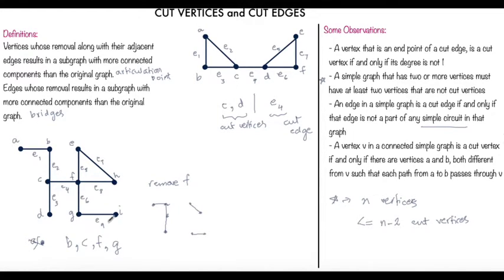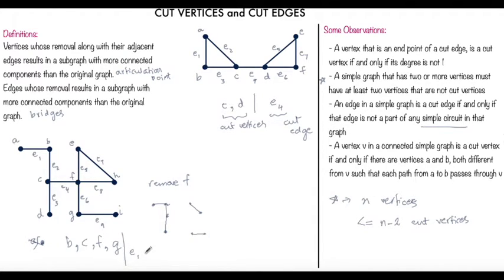Why is I not a cut vertex? If we remove G, then we still have two connected components. But if we remove I, along with E9, then we still have only one connected component. Okay. What about cut edges? Only E5, E8 and E9 are not cut edges. Everything else is a cut edge.